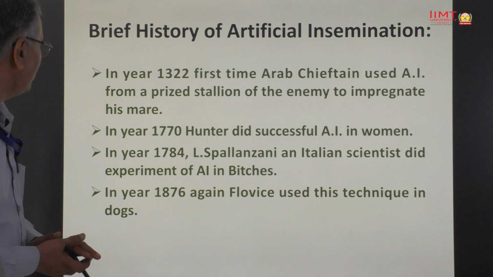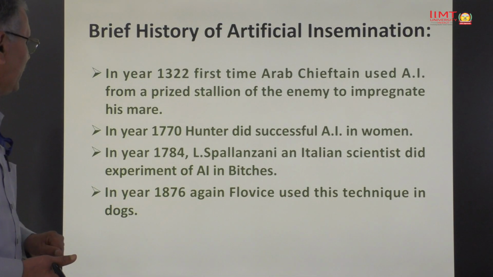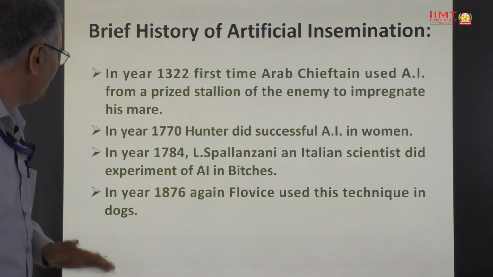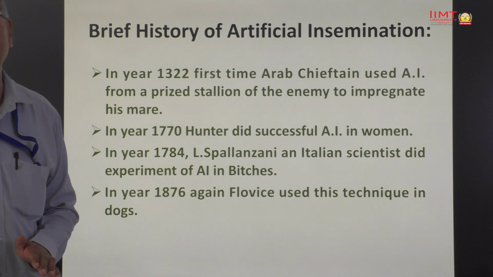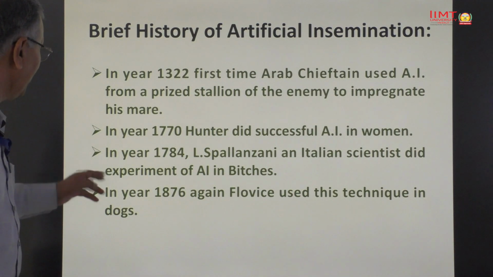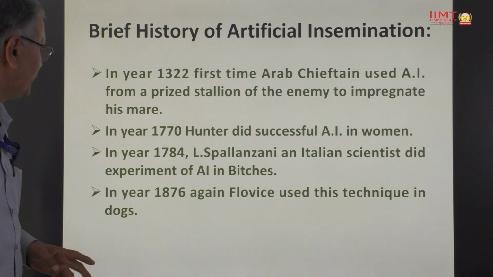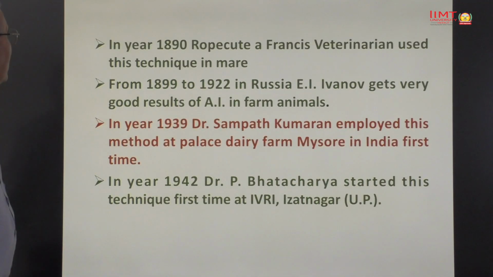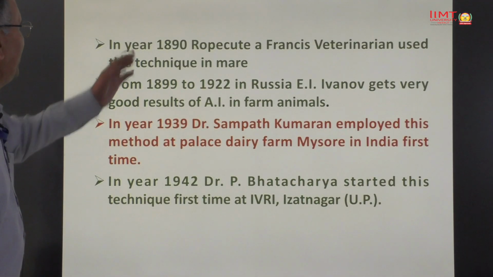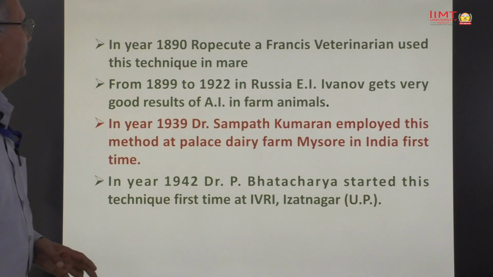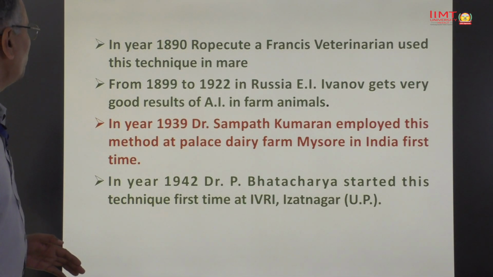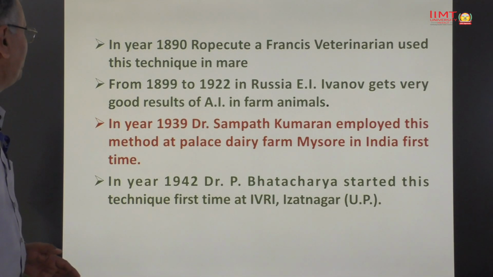In 1784, L. Spallanzani, an Italian scientist, did an experiment of AI in bitches. Again in the year 1876, Clovis used this technique in dogs. In the year 1890, Ropicute, a French veterinarian, used this technique in a mare.